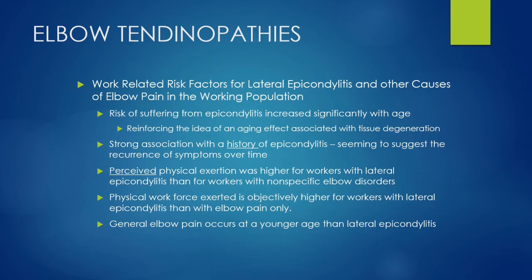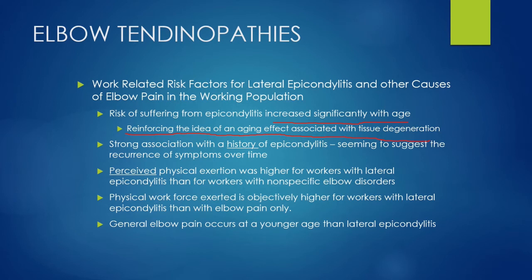They found that the risk of suffering from epicondylitis increased significantly with age, and that sets the stage for some concern that lateral epicondylitis may be a normal age-related degenerative change of the tendon, thereby reinforcing the idea of an aging effect associated with tissue degeneration.